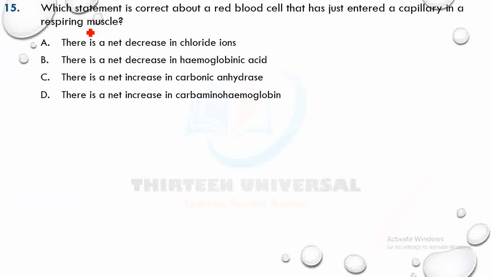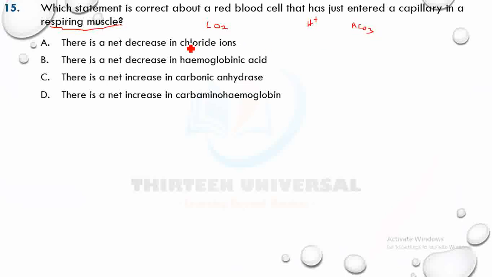Remember, once it enters into respiring tissue, respiring tissues have high CO2 concentration. So anytime you have high CO2 concentration, you're going to have high proton concentration, and a high chloride shift.